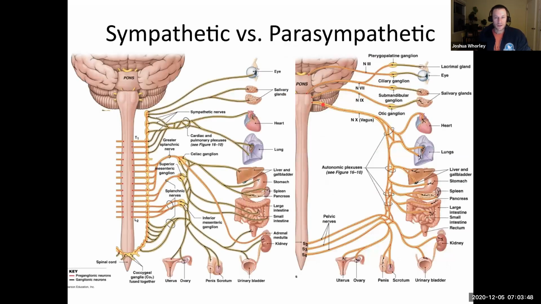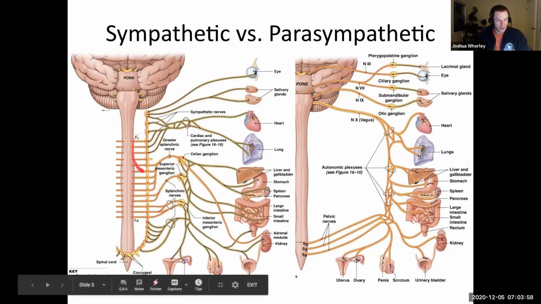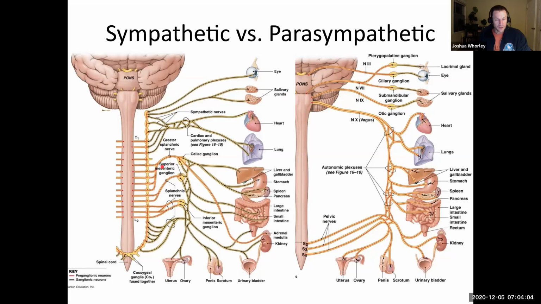So here's our two anatomical divisions. There isn't much that I need you to take away from this, except that when we compare them, we see that in general, now here is the sympathetic and here's the parasympathetic, both divisions of the nervous system send neurons out to all of the major organs and tissues, right?